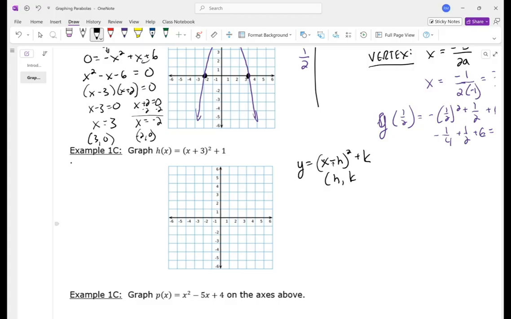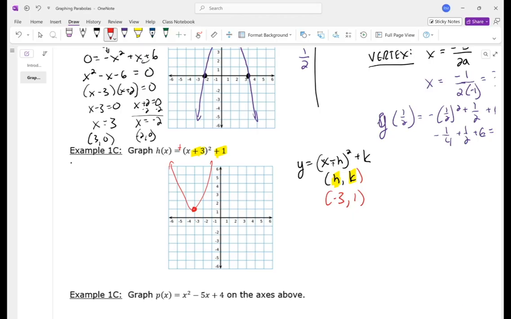So in this case, my opposite value here would be -3, and my same value here would be 1. So I know that the point is (-3, 1). And I know, because this is a positive, that it's facing upward. So I can pretty much do a really rough sketch.